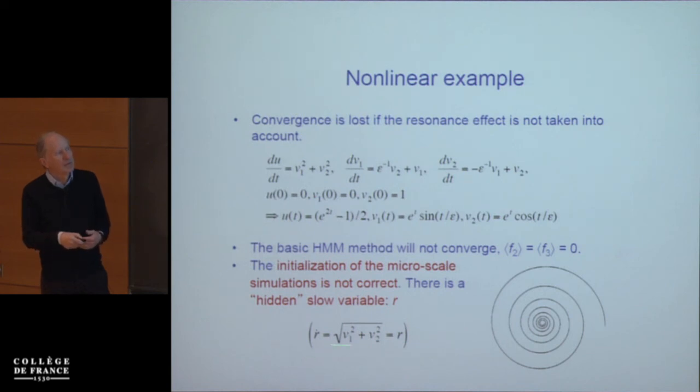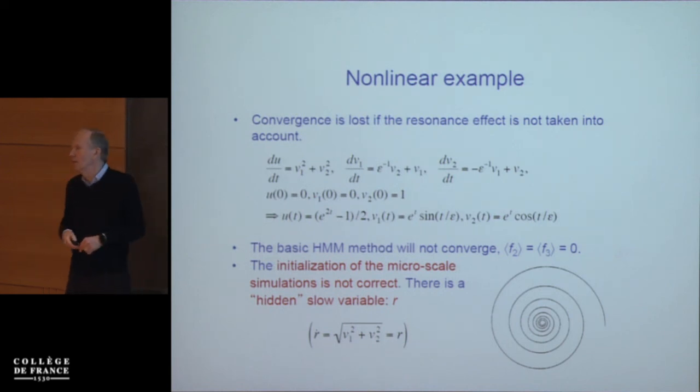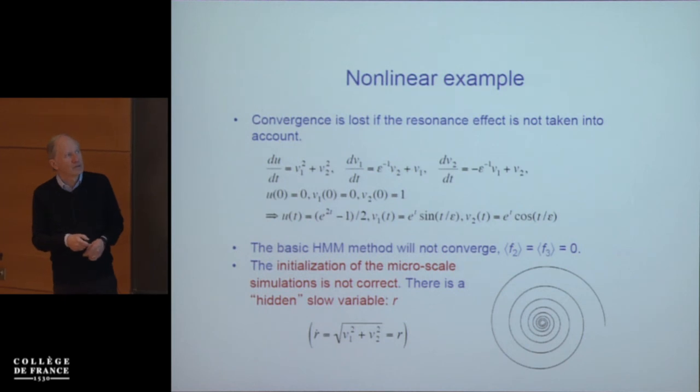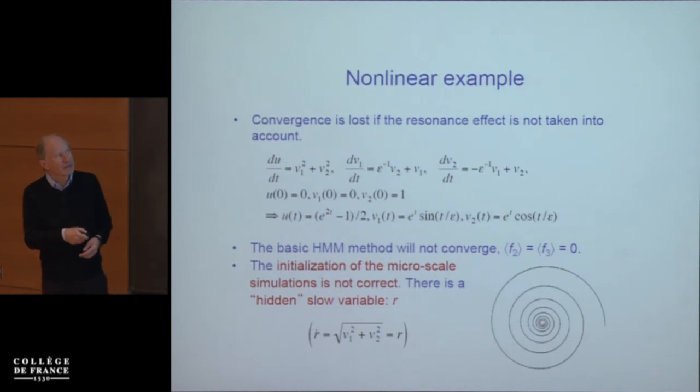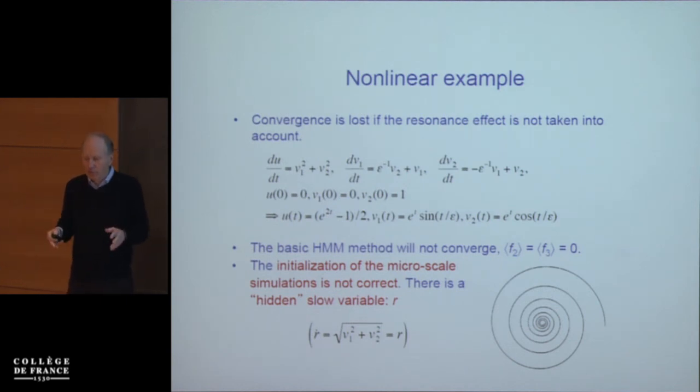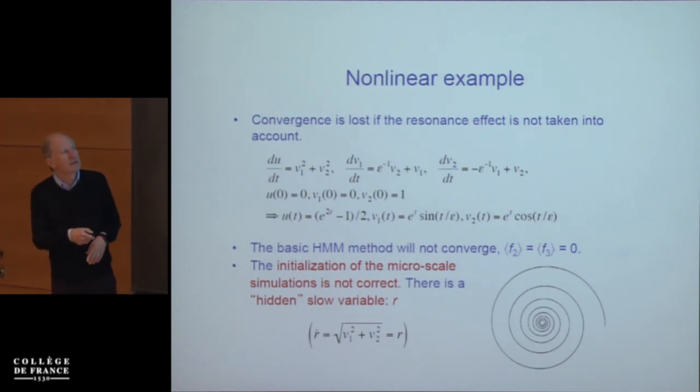You could do that by rewriting the problem in coordinates so that you only have the angle as the fast variable. Then it works fine. So the first thing to do was to understand this, that you can cluster the thing. The second problem is how to restart.